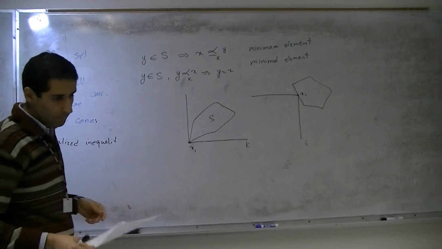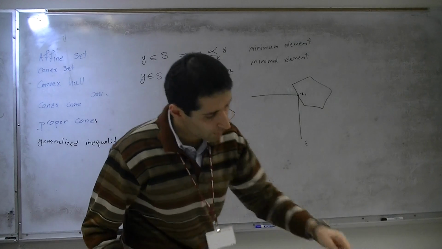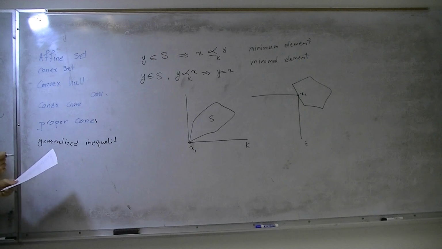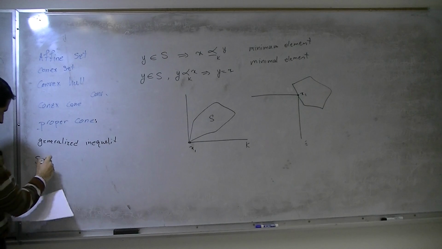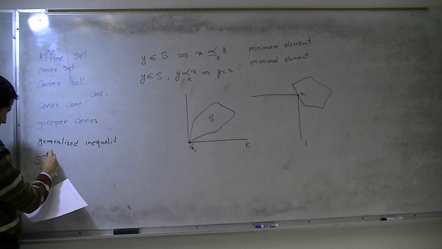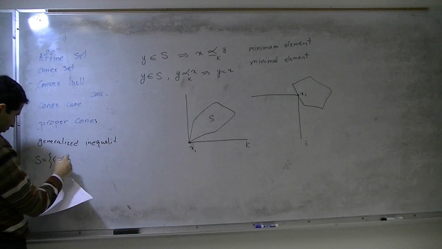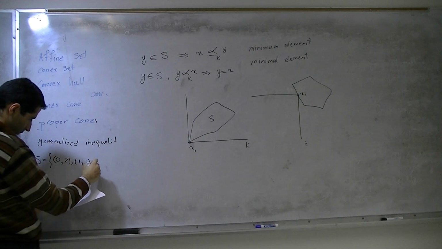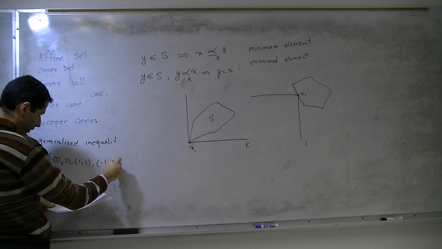Okay, let's see an example. We have a set S equal to (0, 2), (1, 1), (minus 1, minus 1), (2, 2), and (3, 1).